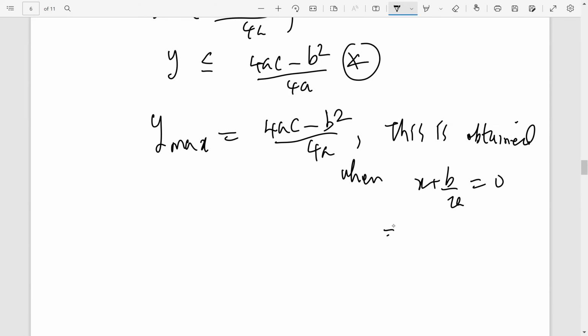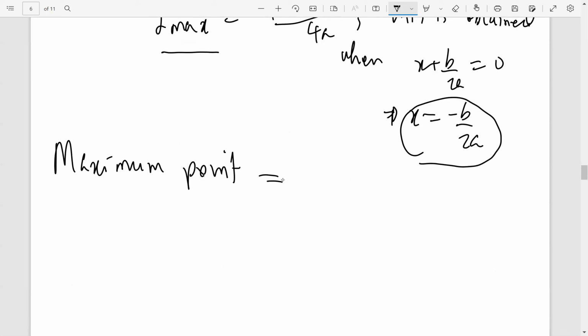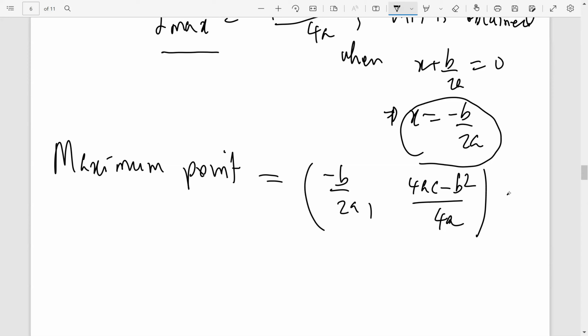So that is when x equals negative b over 2a, dear students. So now we have the value of x which is giving us the maximum value, and you have y maximum. So we can say the maximum point is equal to negative b over 2a comma 4ac minus b squared over 4a, dear students.